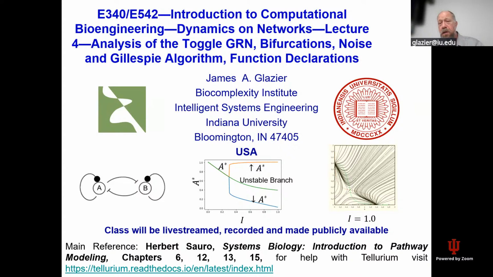When you start dealing with complex networks with many variables in them, then the dynamical systems methods are not as helpful. And so you get thrown back more and more on numerical techniques.